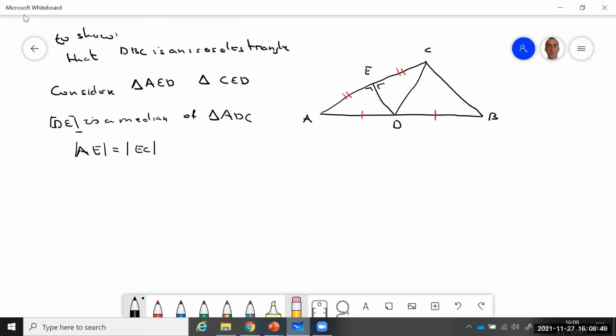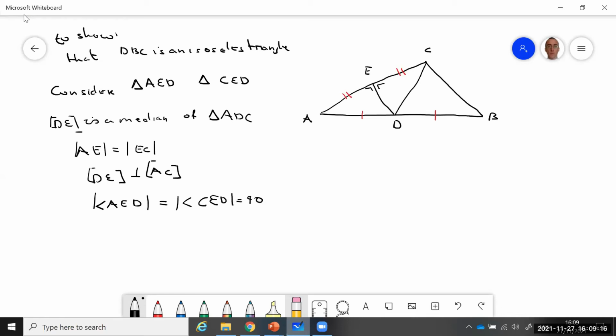Okay, and DE is perpendicular to AC. And just to restate another way, the measure of angle AED equals the measure of angle CED, which equals 90 degrees.